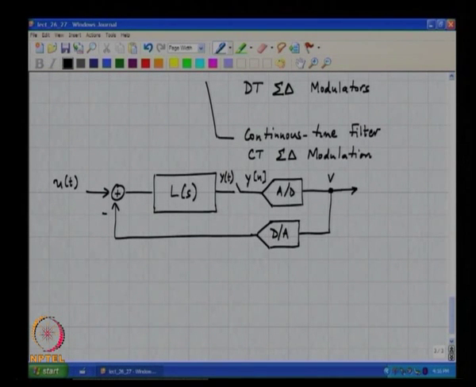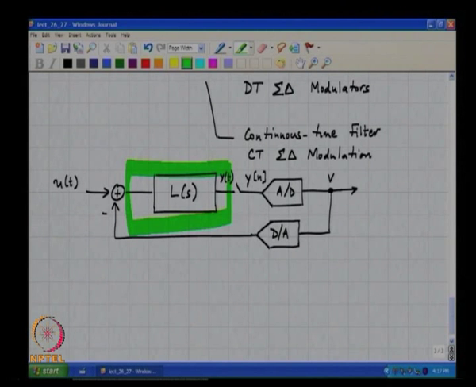Okay. So what this L of S is trying to do, therefore, is to mimic the operation of a discrete time transfer function, where the sampled output of L of S must be the same as that which would be obtained when the sequence V was pushed into a discrete time filter.